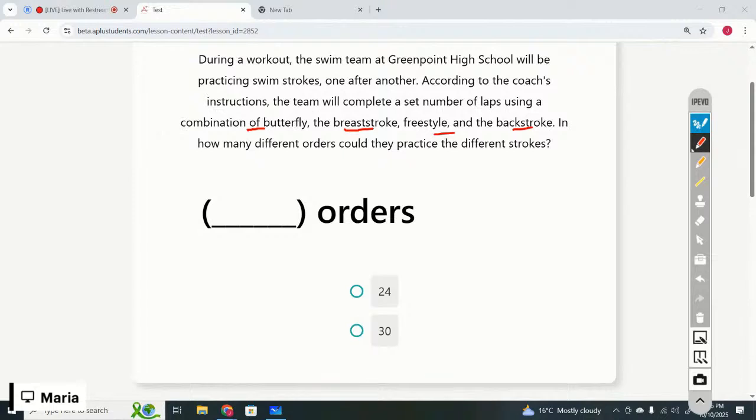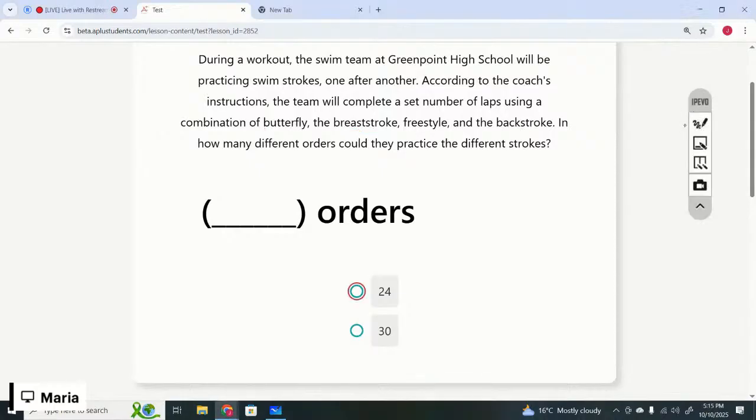We need to evaluate 4 factorial. So 1 times 2 times 3 times 4, that is 24. Option number 1 is the correct option.